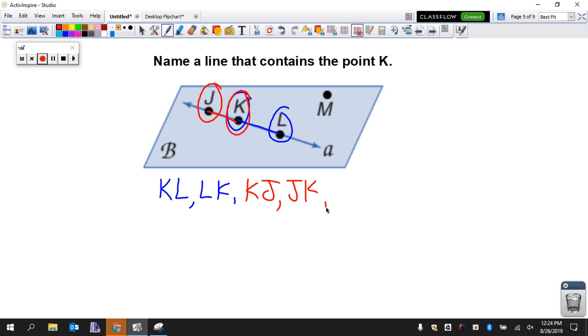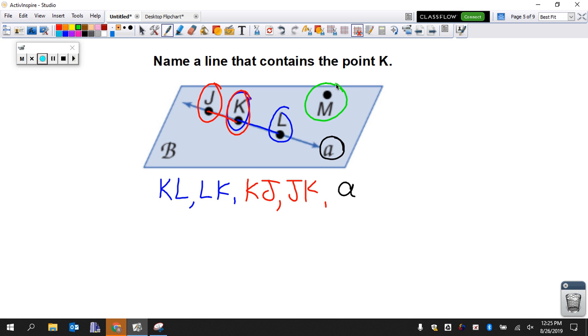Now remember, those are the names of the line using the points that are on the line. There's also, remember, this lowercase script letter A. So this line could also be named line A. The point M that we see out here is not on the line.